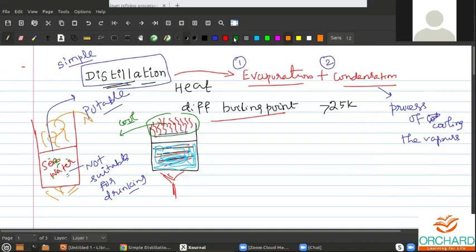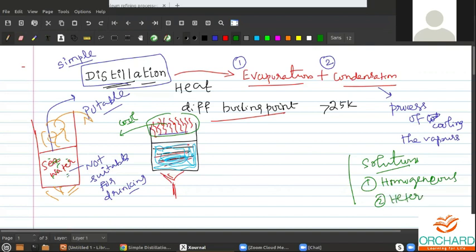We will be having another topic on solutions, homogeneous and heterogeneous solutions. When the solute is completely dissolved in the solvent and the solution is uniform throughout its constituent particles, it is called a homogeneous solution.